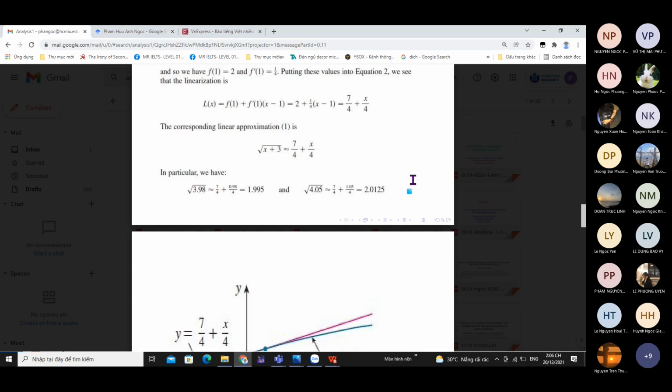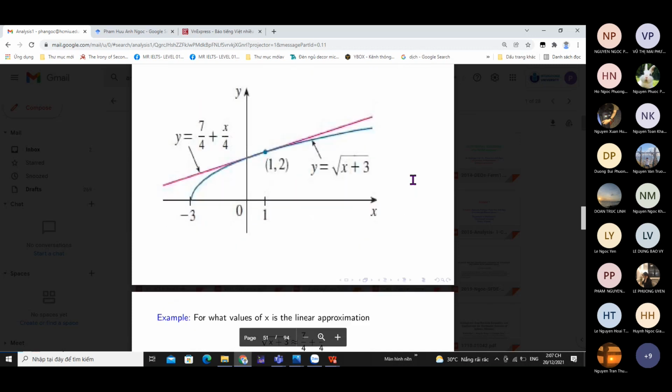Of course, now you can rewrite 4.05 as 3 plus 1.05. And using the above approximation, we get 2.0125.